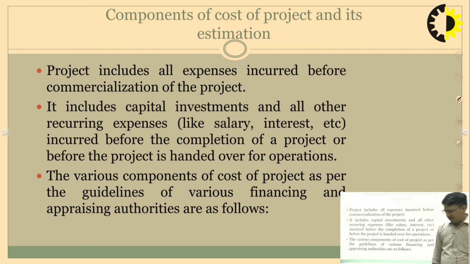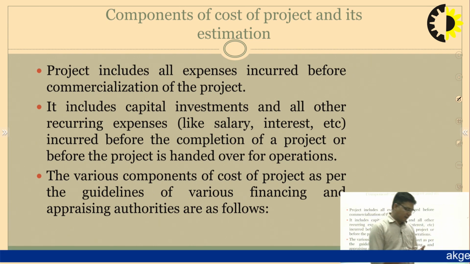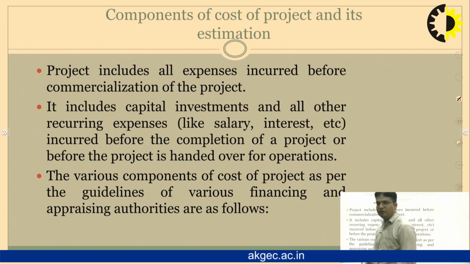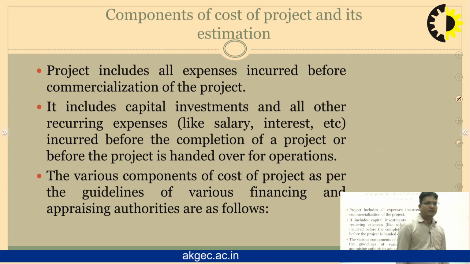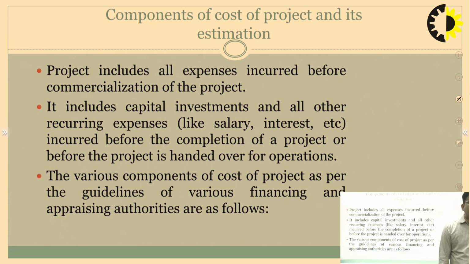Recurring expenses are those which reoccur, which repeat themselves, like salary that we give to the employees, like interest that we pay on the loan, incurred before the completion of the project or before the project is handed over for operations.